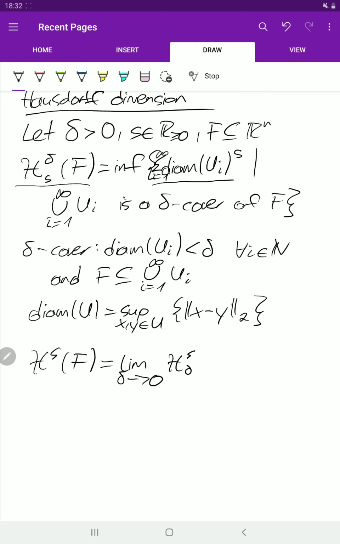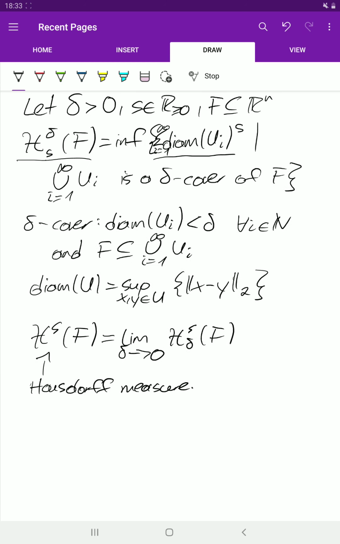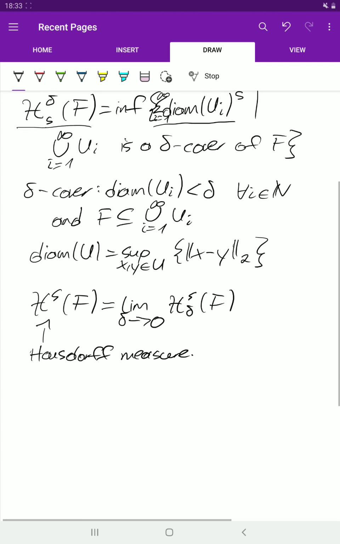We can take the limit, and we note that this limit exists. And now this is the Hausdorff measure. And of course one would have to prove that this actually defines a measure. That's not clear from the definition yet, but we won't do this here.